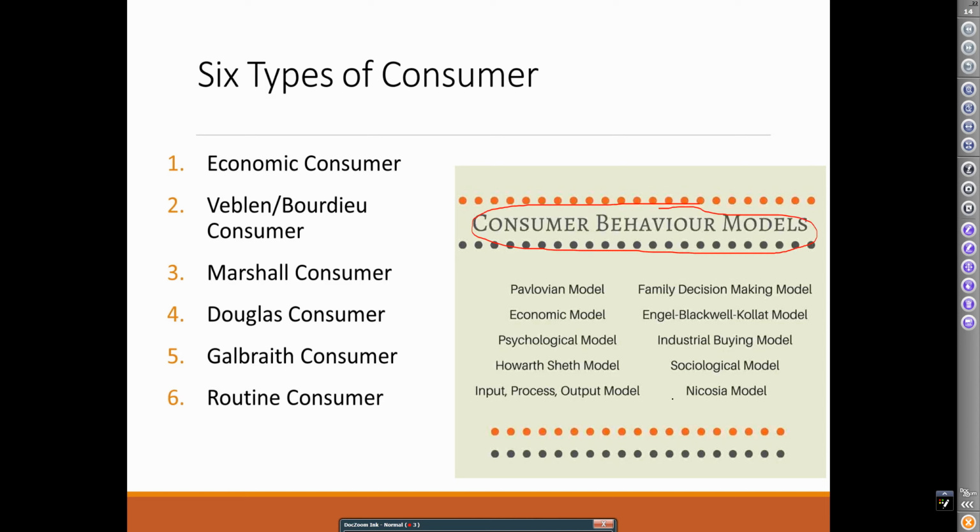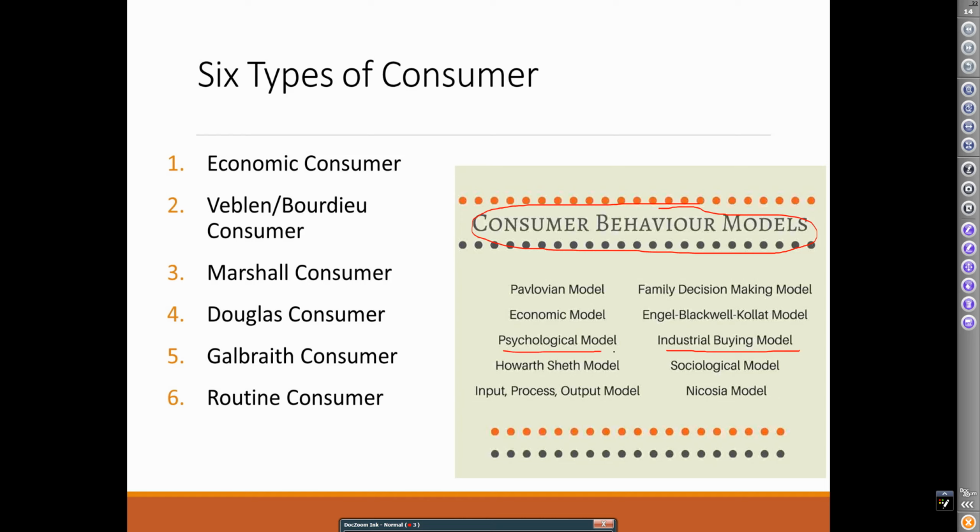Please try to find the definitions for all of these consumer behavior models. I will give you only a few definitions, for example, the industrial buying model. The industrial buying model belongs more to the B2B market, when we discuss the consumption of companies. And these companies focus on industrial standards, they use the industrial buying model because they follow the industrial standards.